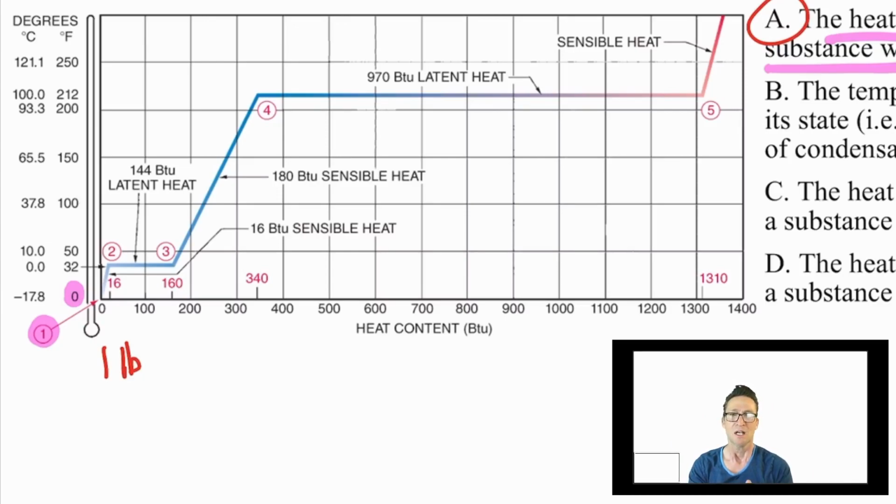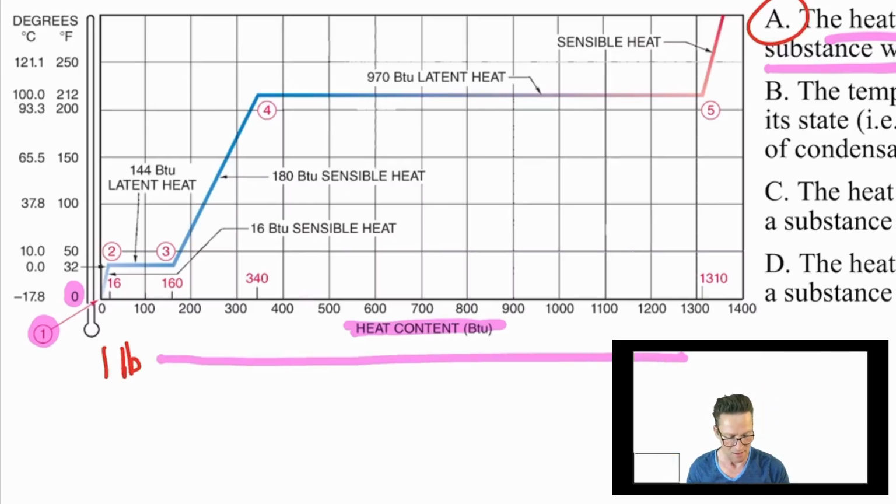Now, if you start adding heat energy to the ice, what you're doing is increasing its heat content in terms of BTUs. So I'm going to take my 1 pound of ice, I'm going to move from left to right on the horizontal scale. And you have to imagine in your mind that we're continually adding more and more and more BTUs to the ice. What's going to happen?